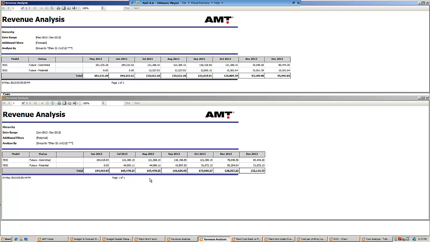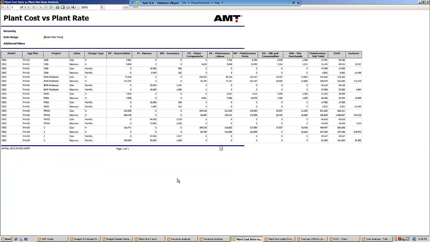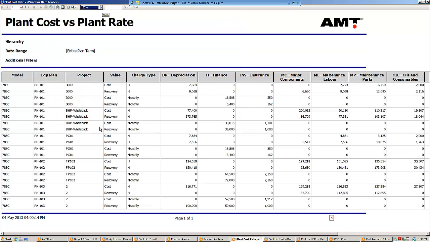Some of the other useful reports. Just plant rate analysis. So I'll just make this one a little bit bigger so you can read it. There's quite a few reports in AMT that are like this, where we are looking at what your cost is and what your recovery is, in this case by project and equipment.